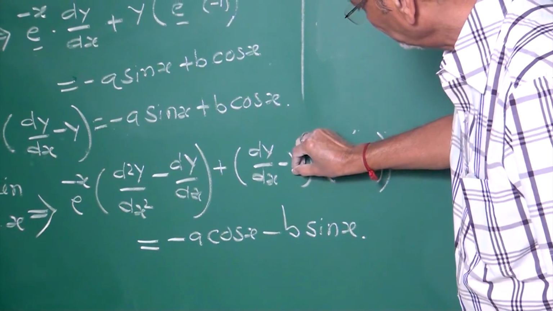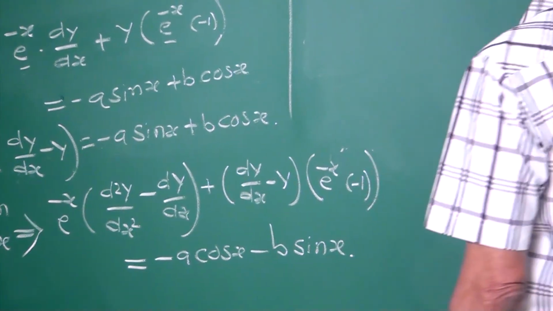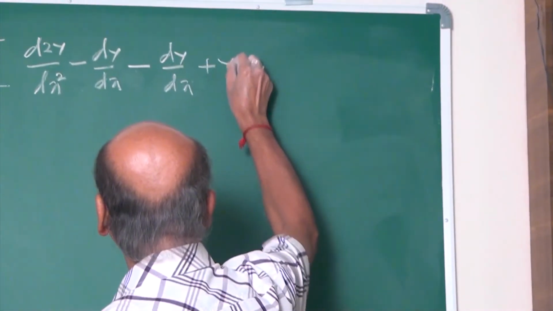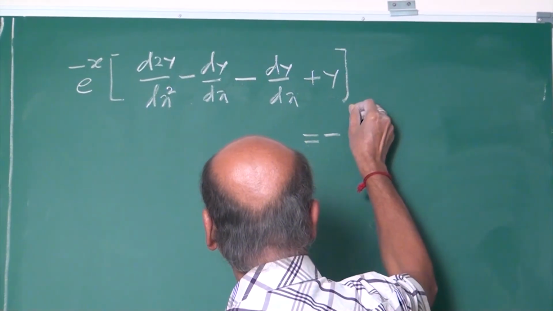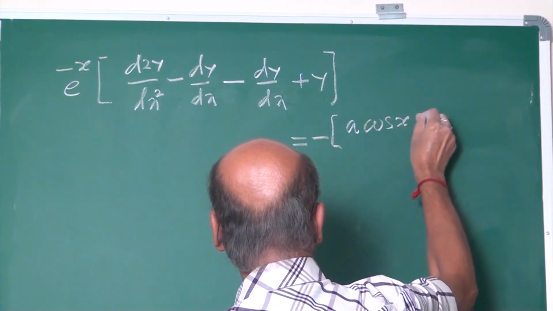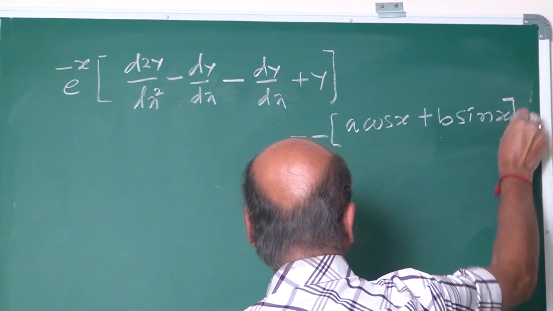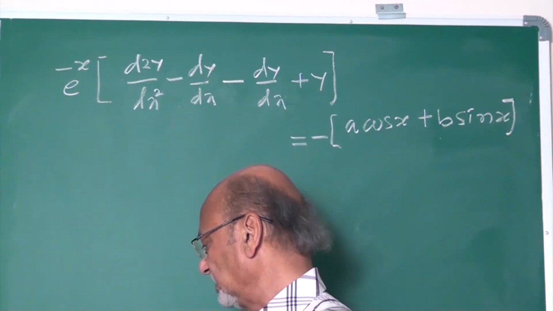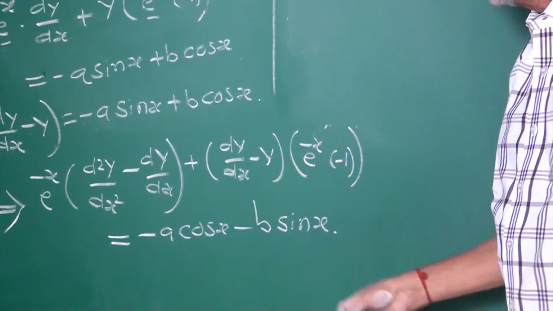It is minus y, and minus y with minus 1 is plus y. This bracket is complete, equal to minus common, (a cos x plus b sin x).